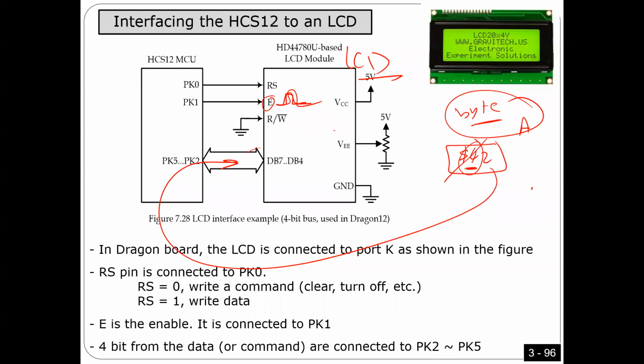However, in your capstone, for example, or if you want to do your own project, maybe you are going to use a different LCD. Maybe there are some minor changes, for example, maybe there are already 8 wires here, so you don't need to send 4 and 4 because you already have 8 wires. You can send it at once. Some minor changes, but many things will be the same.